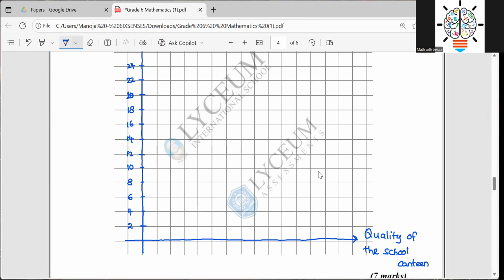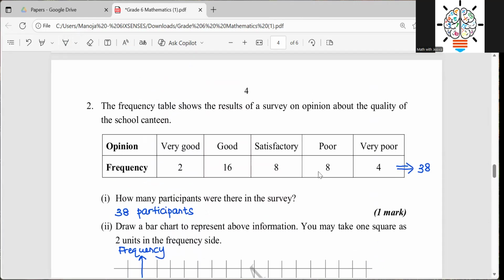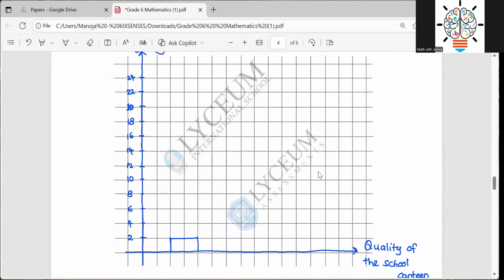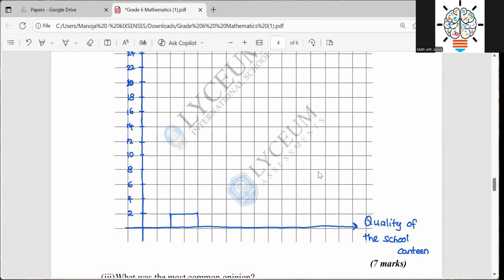The first category that we draw, 2. I don't think how many units we have. 5, no? Then the 5 in the sense we should have 1.